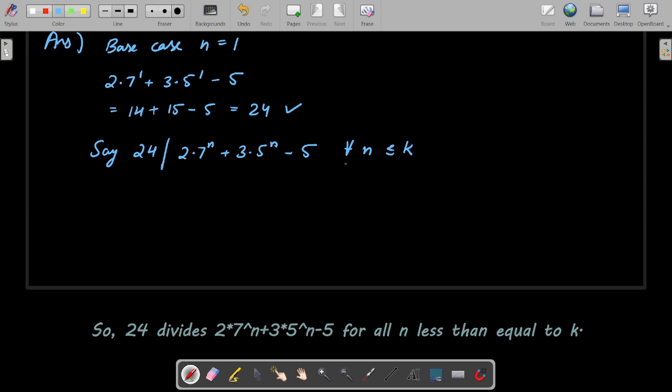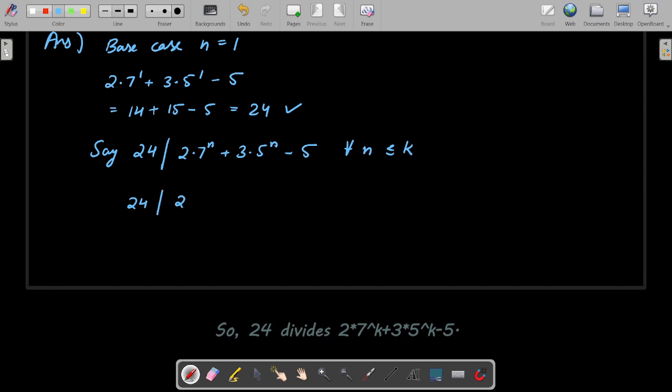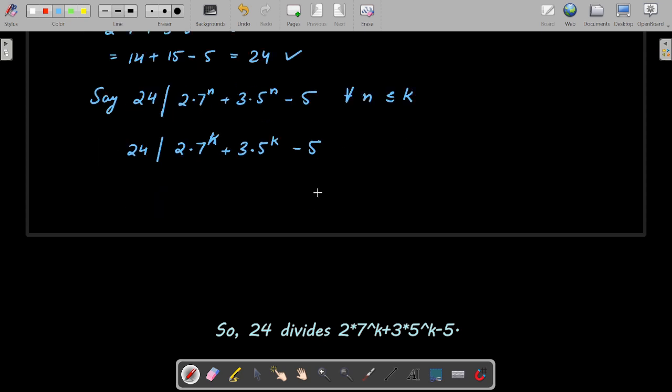Since it satisfies for all n less than or equal to k, it must satisfy for k as well. So 24 divides 2 into 7 power k plus 3 into 5 power k minus 5, right?